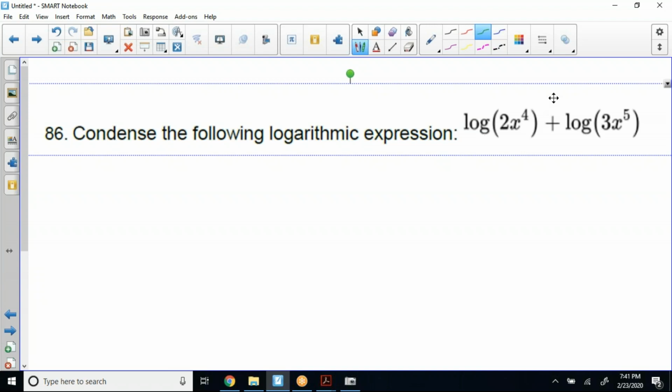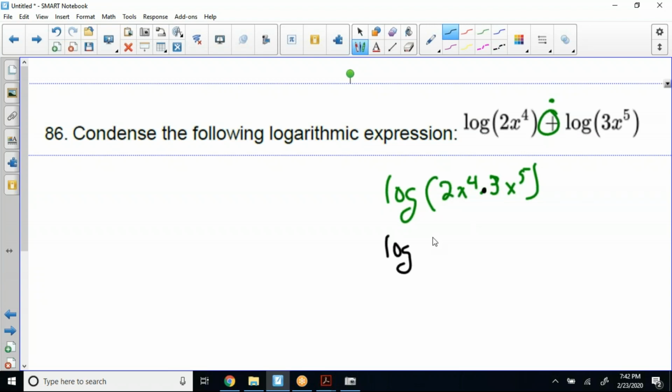Expanding means to spread out; condensing means to put back together. We have two logs separated by a plus, which means they are multiplied, which gives me log of 2x to the 4th times 3x to the 5th. Because those are multiplying, this gives me log of 6, and x to the 4th times x to the 5th gives me x to the 9th. So that's what it should simplify to.